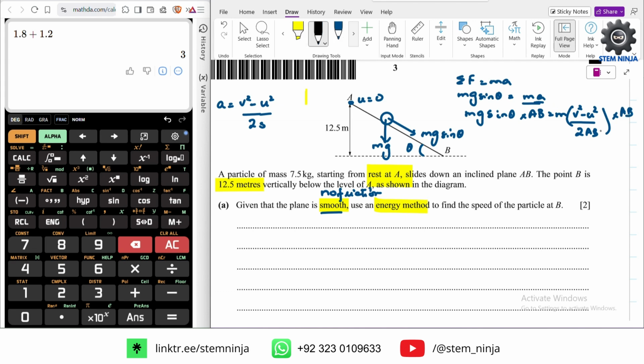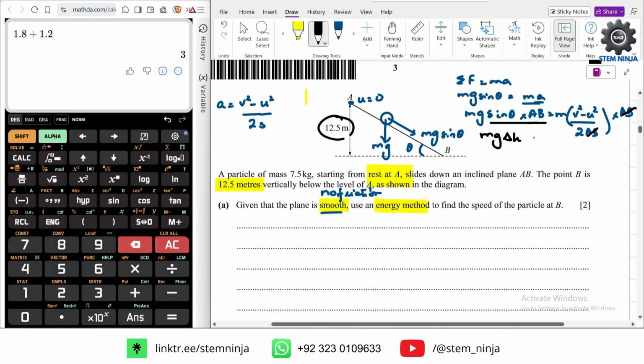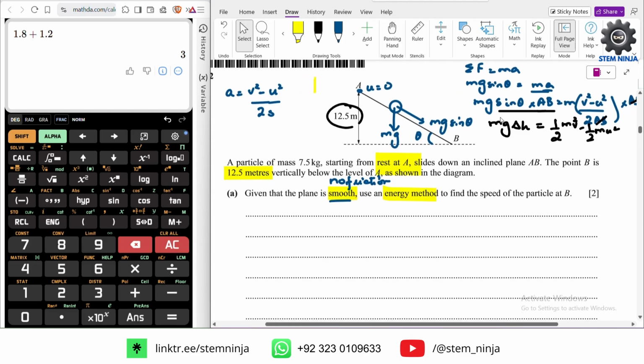So AB on the right hand side gets cancelled out. You're left with AB sin theta, which is actually just 12.5. So this is mg delta H, change in potential energy, equal to change in kinetic energy. So that's what we just have to use over here.